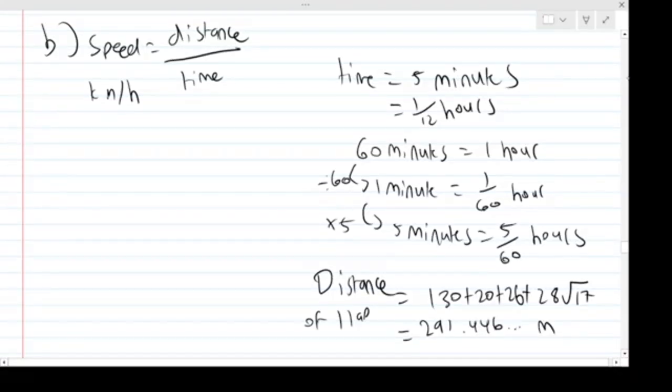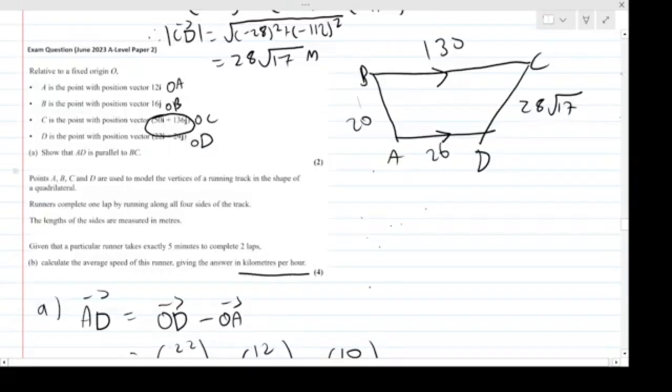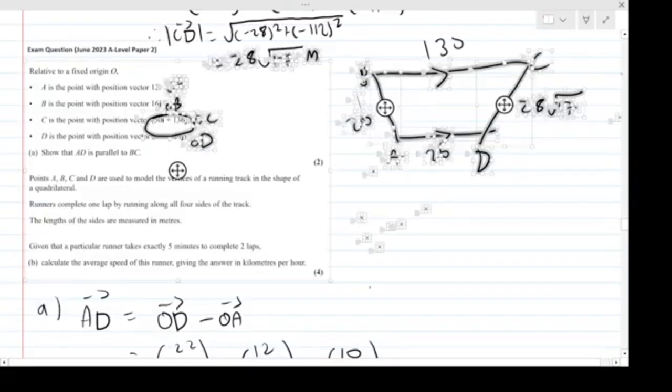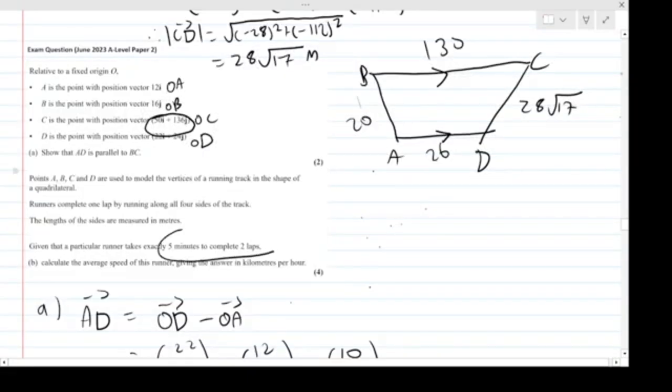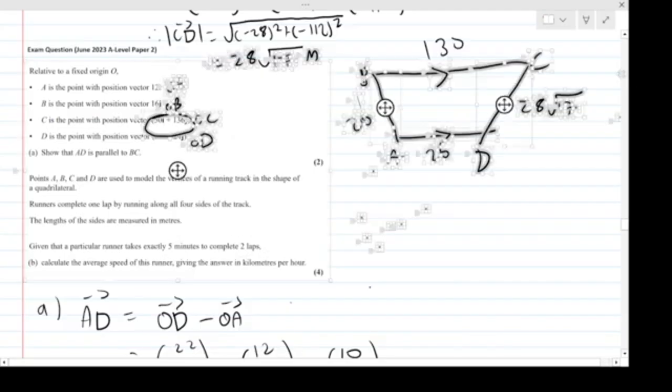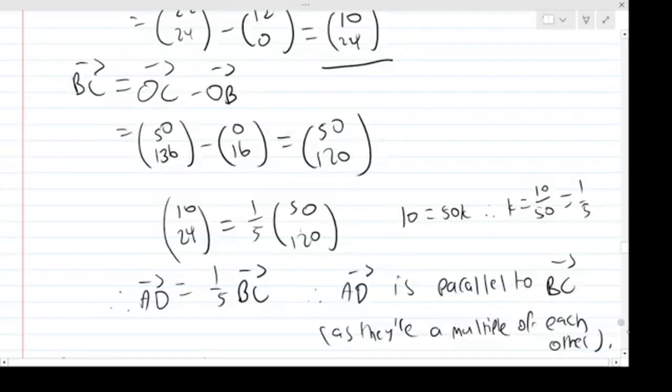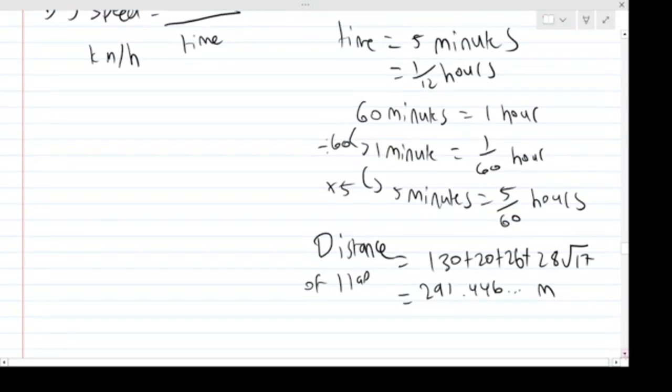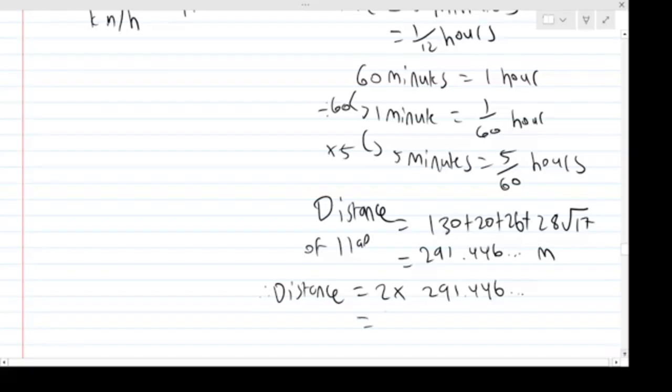But that's one lap. If you remember, we are told a particular runner takes 5 minutes for 2 laps. So we found the distance of one lap, so 2 laps is just going to be double this, right? So distance is going to be 2 times 291.446, which, if I times that by 2, I get 582.893 and so on meters.